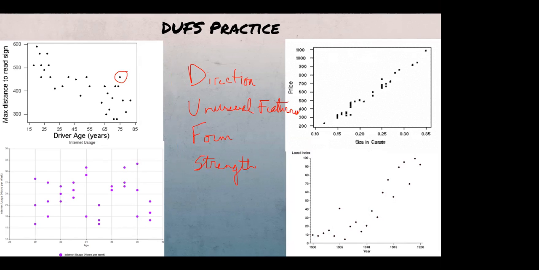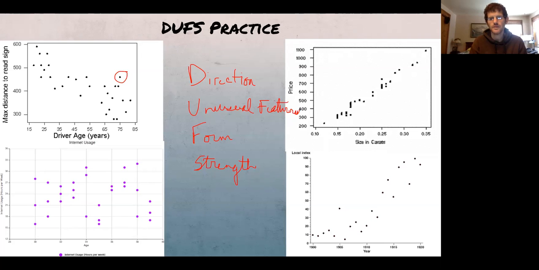The form is linear, and there's like a moderate strength. Okay. I think that could be justified. Does anyone see it differently?